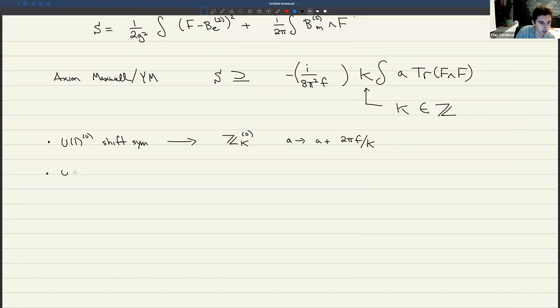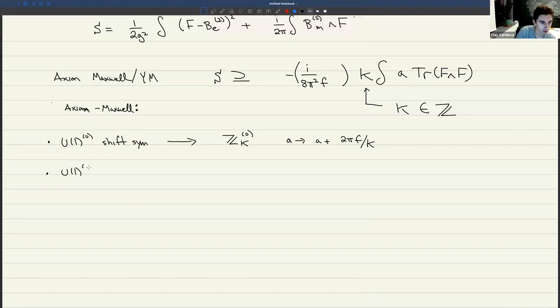Now, interestingly, a similar thing. So here, let me just discuss axion-Maxwell explicitly. By that, I mean that I'm going to discuss in detail the case of gauge group U1, and then it'll be easy to generalize from that to the non-abelian case very quickly.